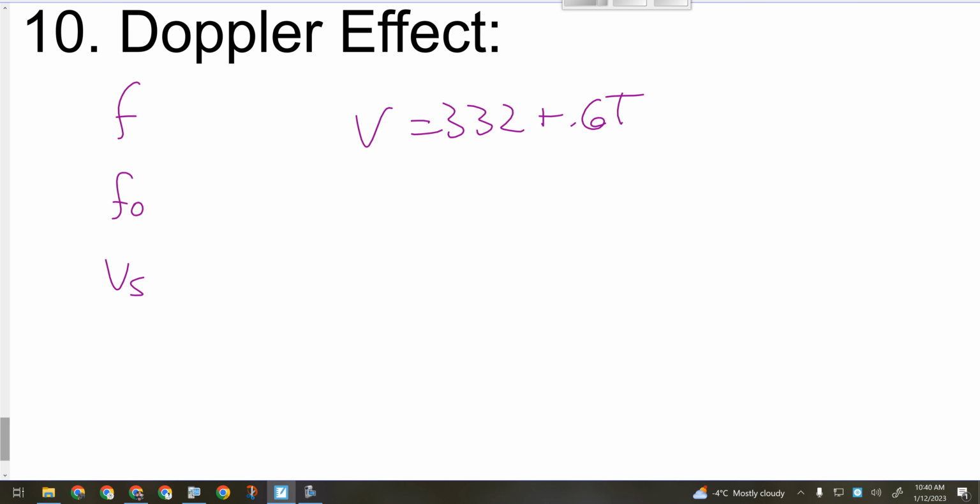There's only three questions out of the 14 that are on simple harmonic motion. 11 are on waves.